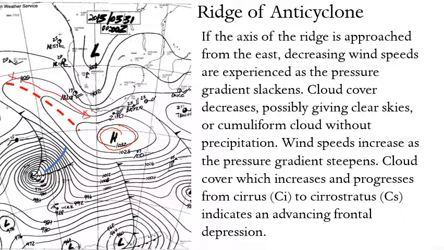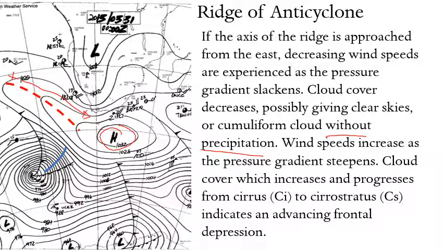Pwede rin tayong magkaroon ng cumulus clouds or cumuliform clouds just like some cumulostratus clouds. But with no precipitation. Okay? So tandaan natin kapag we are talking about the ridge of an anticyclone, there will be no precipitation. Kung meron man, nasa middle air pa lang siya, hindi siya makakarating ng land area, mawawala na or mag-evaporate na siya pabalik sa atmosphere. Hindi siya magla-landfall.